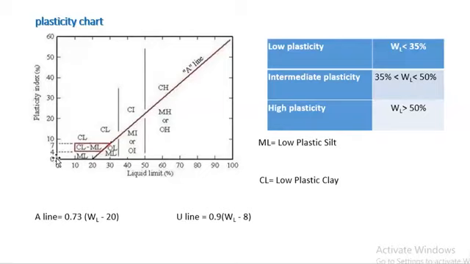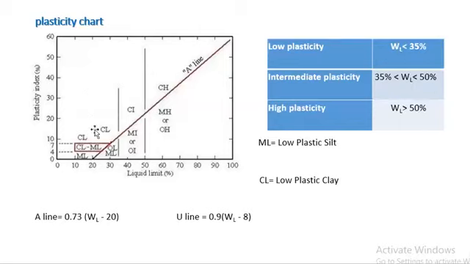As you can see, if the plasticity index is between 4 to 7, and it's below 20 to 25 and above the A line, then it's called CL-ML, meaning low plasticity clay and silt. This is the A line and there is also another line called the U line.